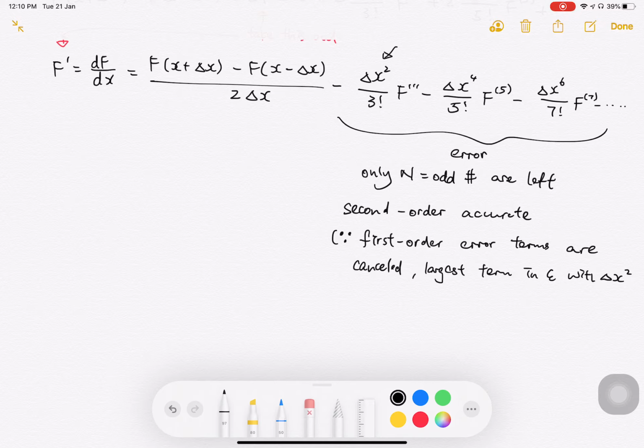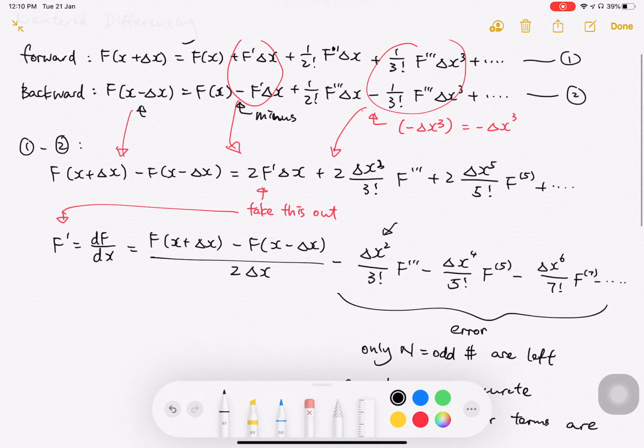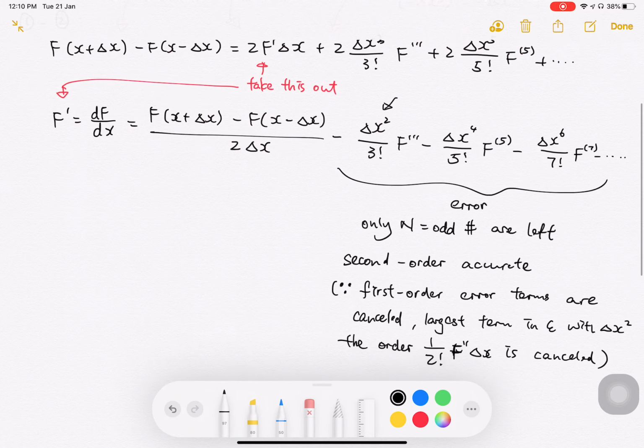So the order 1/2 is cancelled. Okay, so this should be 2 prime in here. Yeah, there's a mistake in here. Sorry about that.